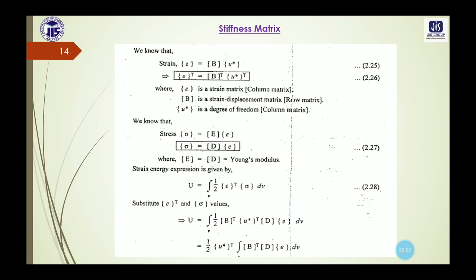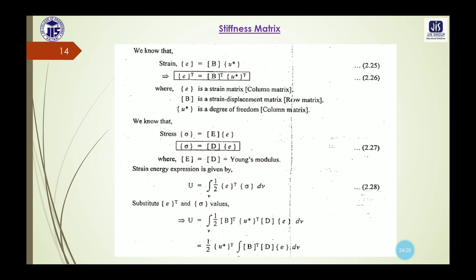This formula is very much required to solve numericals based on the stiffness matrix concept. So E equals B into U star, where E is the strain matrix, B is the strain displacement matrix, and U star is the degrees of freedom column matrix. So E transpose equals B transpose multiplied by U star transpose. This is our equation number 2.26.